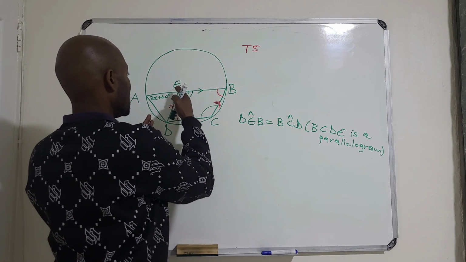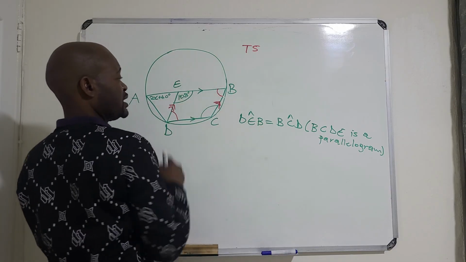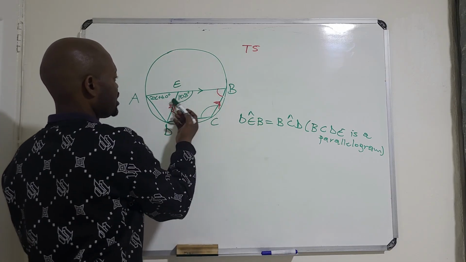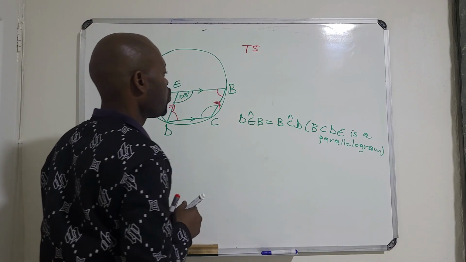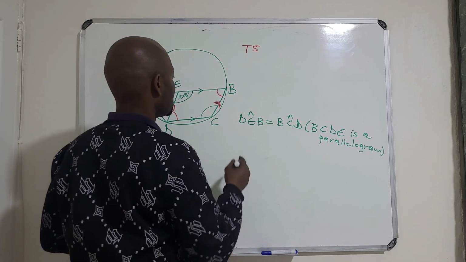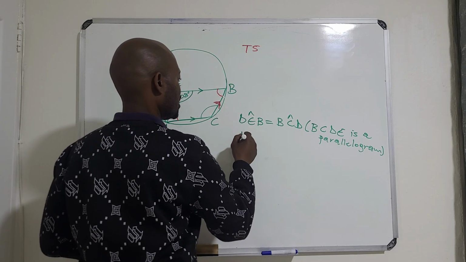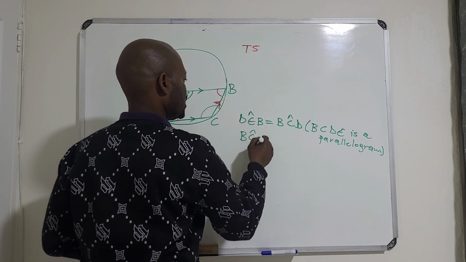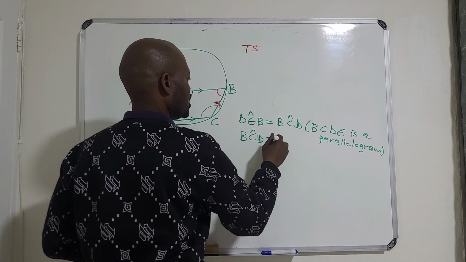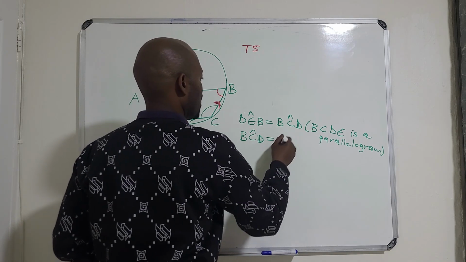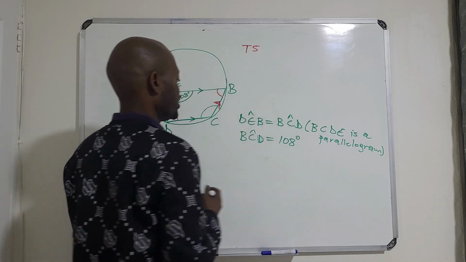Therefore, since BCDE is a parallelogram, this angle is equal to that angle. Therefore, we now know that angle CD is equal to 108 degrees.